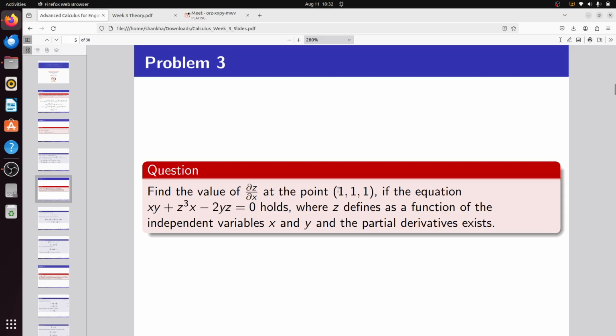You see, you put 1, 1, 1, and you will satisfy this functional form. If you put xy equal to 1 and z also 1, you will get this to be 0, where z is defined as a function of the independent variables x and y. Now what will you do?